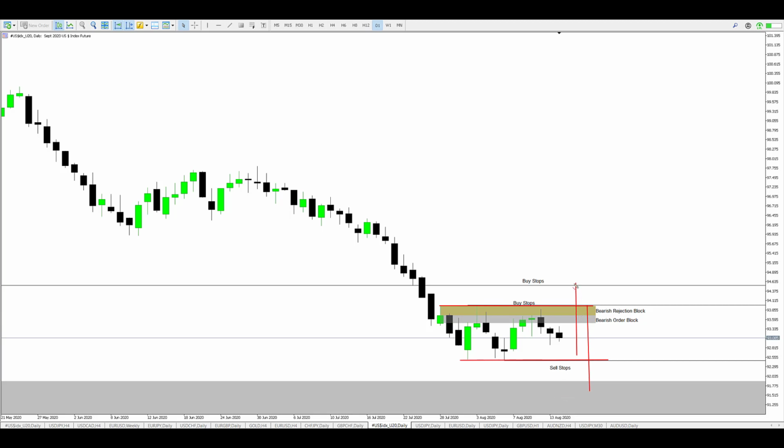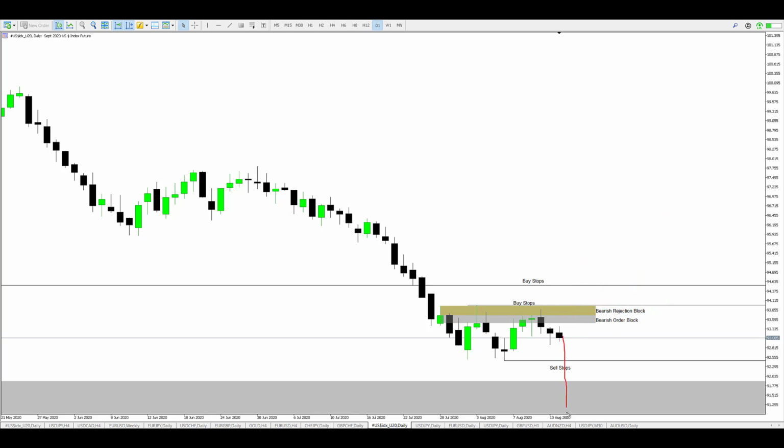If we have a strong break to the upside, then we need to apply exactly that buy model that I showed you guys. If we have price massively break to the upside, then we need to wait for price to come back into this range for us to see further moves to the upside. That's a buy model scenario.